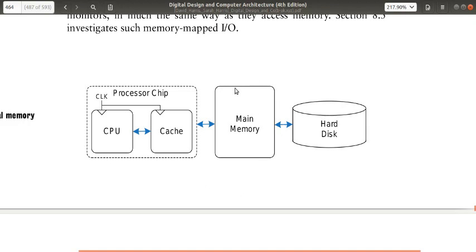Then we have the main memory. This is not on the processor chip, this is outside of the chip. Then there is the hard disk. So this is how the relation comes. The CPU initially, for whatever the requirement is, whether it is data or instruction, initially looks in the cache. If it doesn't find it in the cache, it will look for it in the main memory.